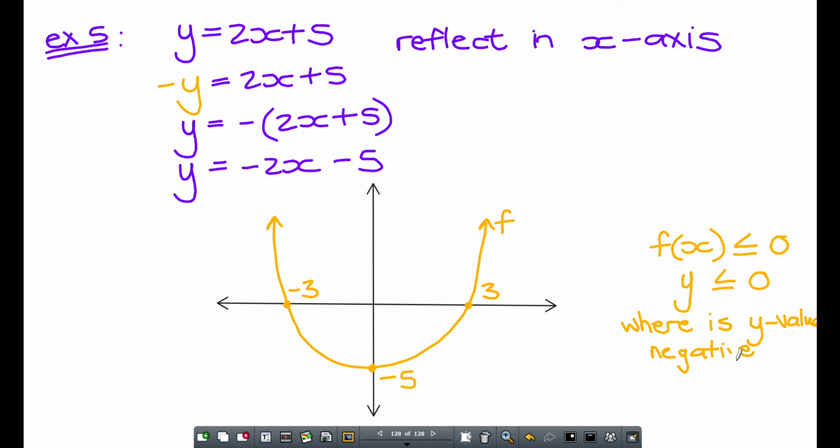Okay, so waar is my y waardes negatief? Over here, x values are positive. So I am talking about this bottom part. Does that make sense to you guys? Okay. So what would my x values there be?